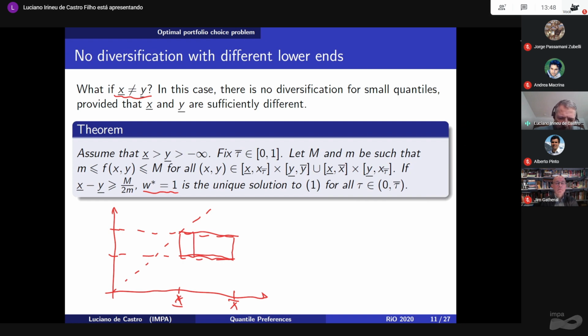So the idea is that you control the weight that is in this area here that I draw, which is related to this. If you have a bound on the density function, and if the difference in the two bounds is sufficiently large, then there is no diversification at all.